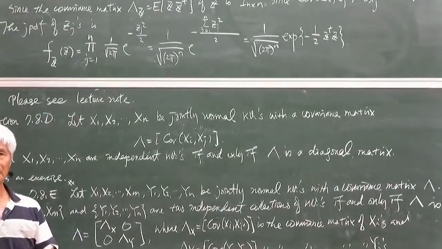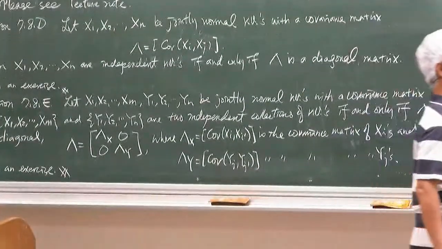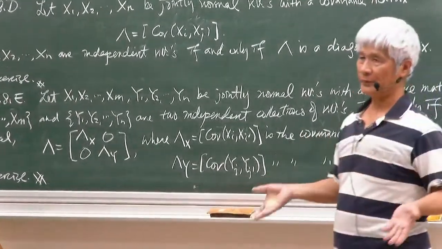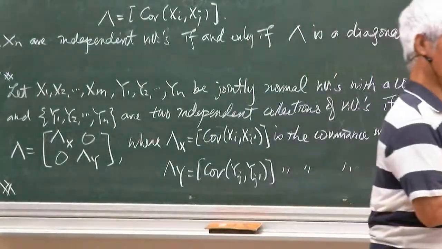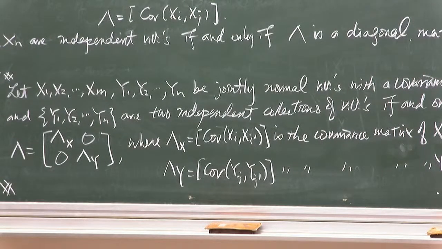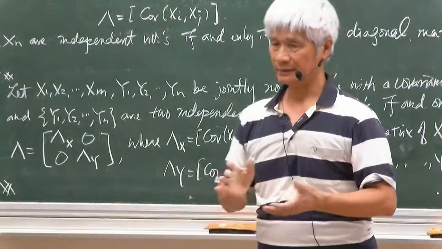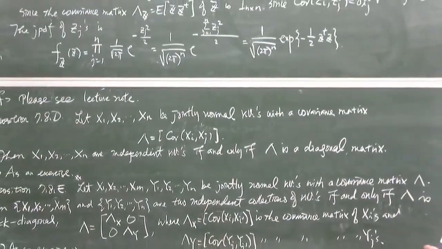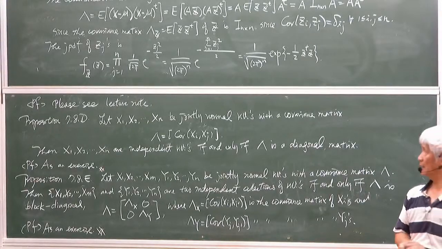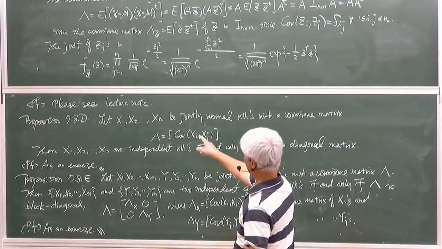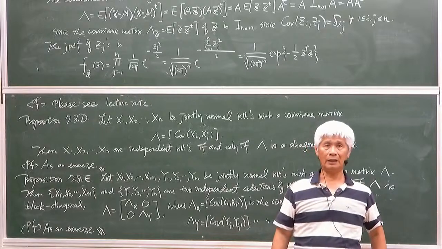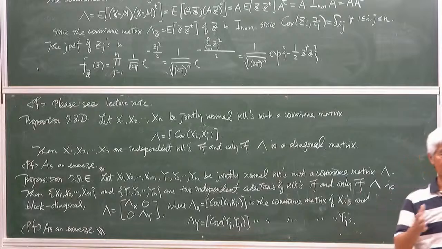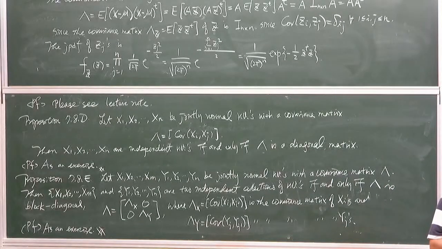Right. So for jointly normal random variables, all the information needed is just the mean vector and the covariance matrix. And a lot of their properties can be seen from the covariance matrix, as can be seen from these two propositions. If the covariance matrix is a diagonal matrix, then these jointly normal random variables are independent.